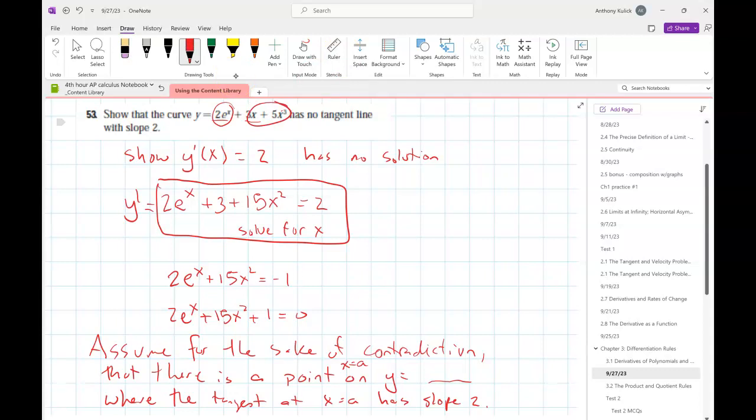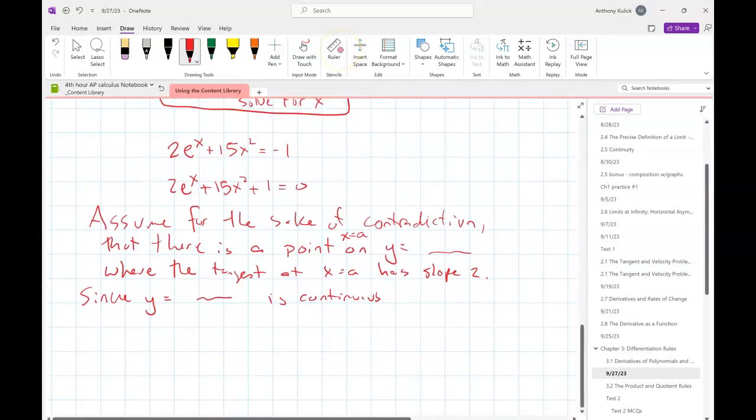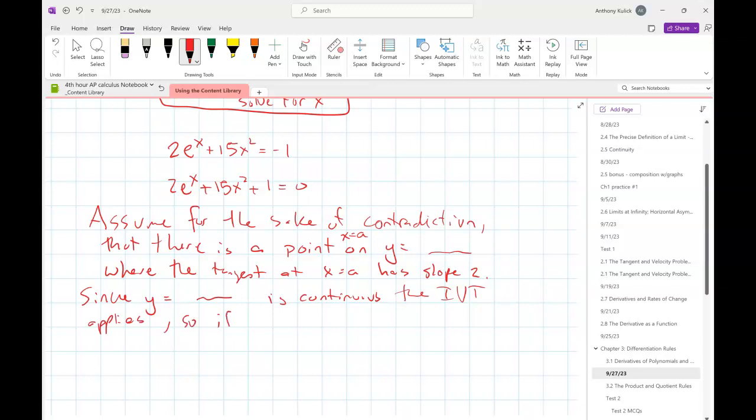Everybody's okay with that? The intermediate value theorem applies. I shouldn't say this yet. Okay, I'm gonna do this, but I don't want to do it yet.